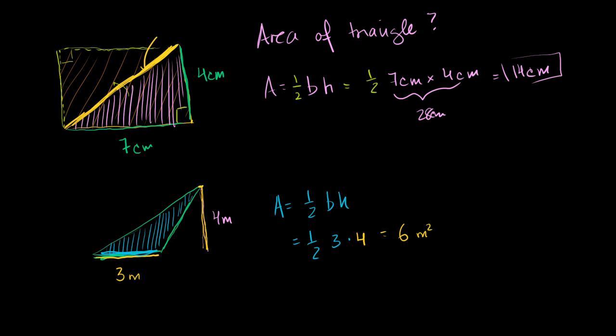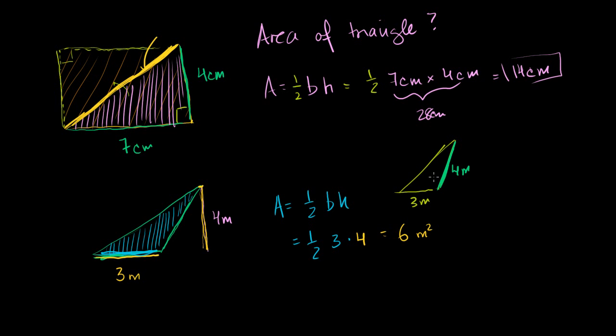And I really want to highlight the idea, because if I gave you a triangle that looked like this, where this was 3 meters down here, and then if I were to tell you that this side over here is 4 meters, this is not something that you can just apply this formula to and figure out.